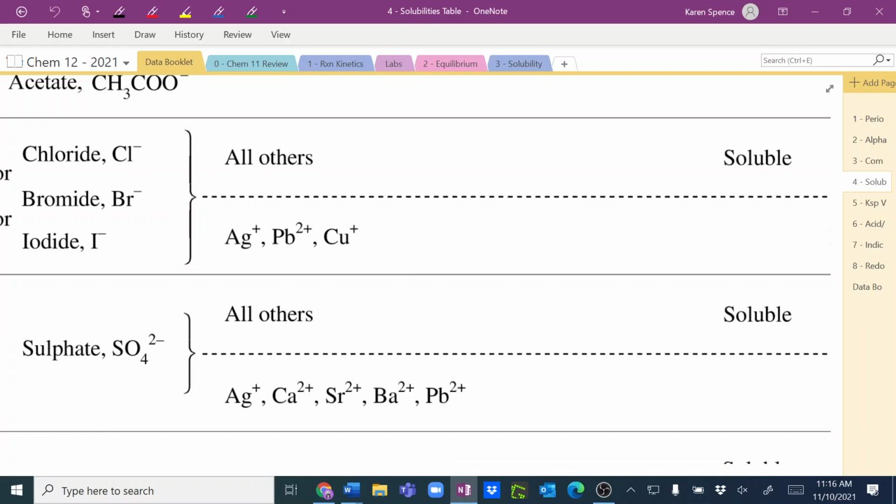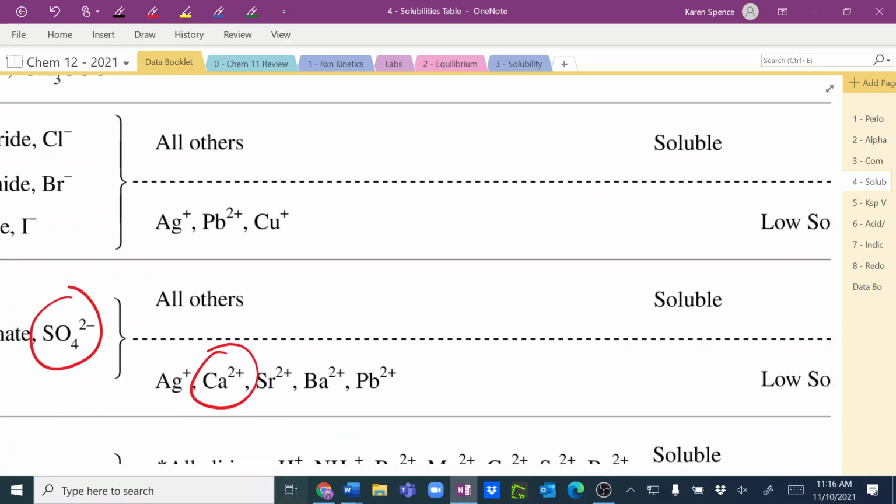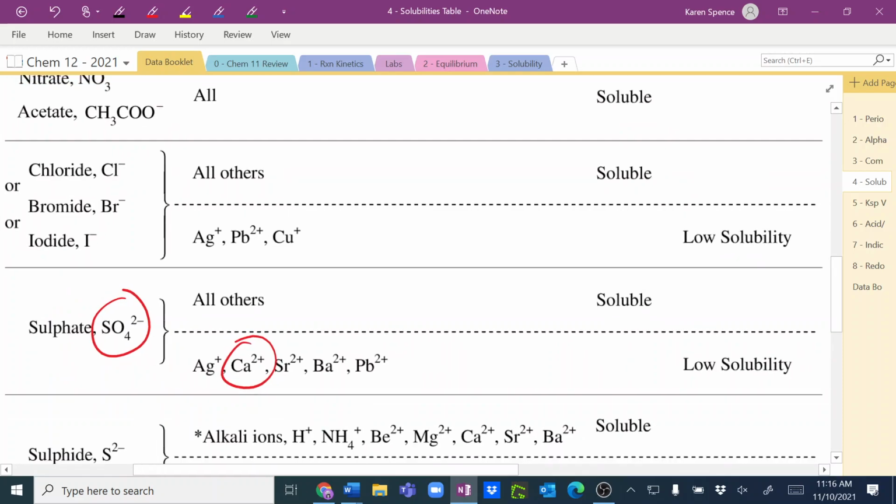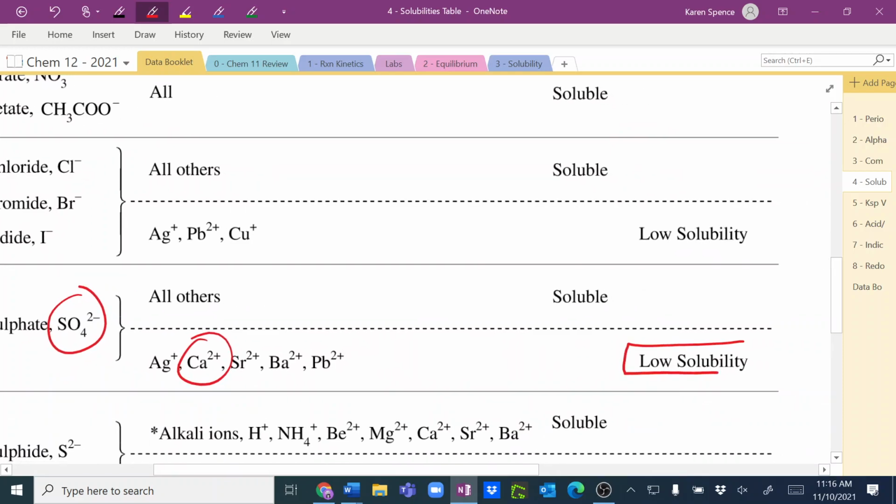So who's one choice? Sulfate, because sulfate with calcium is low solubility, and low solubility means that it will form a solid, a precipitate.